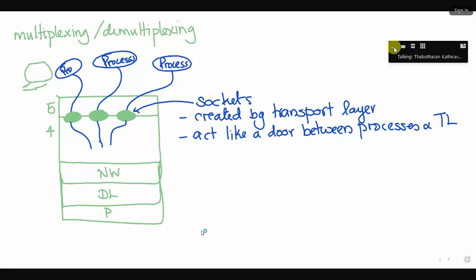I should also mention that these are different application processes. It gathers them.